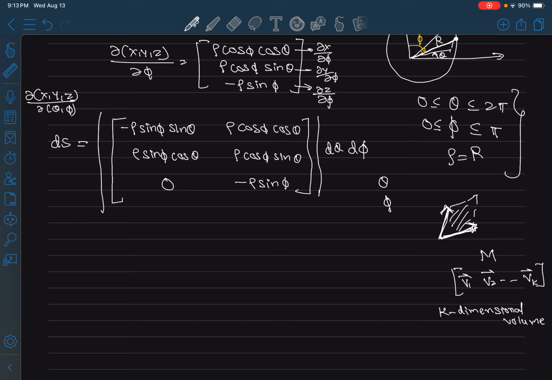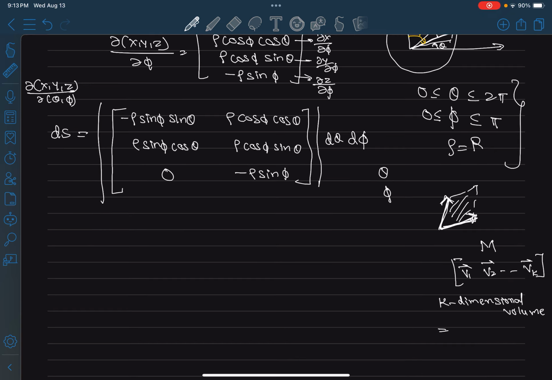That k-dimensional volume for a rectangular matrix, which we can also call a determinant, we can find using the formula square root of determinant of M transpose M. This gives you the k-dimensional volume, or in this case, because there are two column vectors, two-dimensional volume, which is area. So that's what we're going to get: the area made by these two different vectors, the parallelogram made by them.